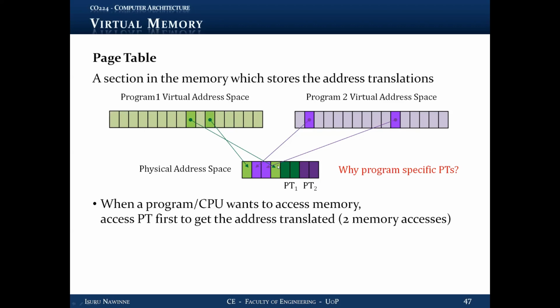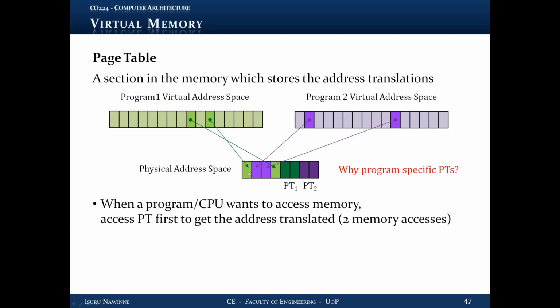So you need to access the corresponding entry and read the stored physical page number in that entry. Then you can get that address translated and access the physical memory to get the required data, right?